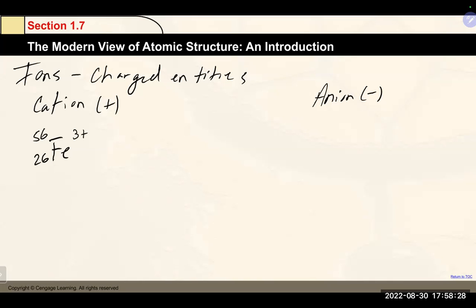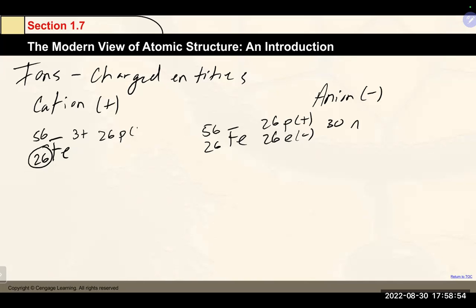And if we look at what we had going on for iron 56 with no charge, like we had on the last one, we had 26 protons, 26 electrons, and 30 neutrons. Here we would still have the same atomic number, which means it still has 26 protons.